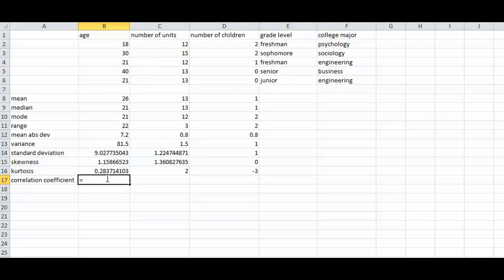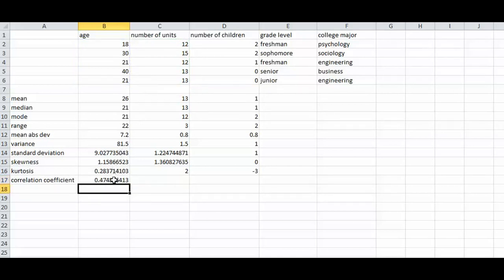To get the correlation coefficient, we type in equals CORREL, put a parentheses, and it says array 1 and array 2. We can highlight age for array 1, then we need to put a comma, then we can highlight number of units for array 2, and then close the parentheses, press enter.